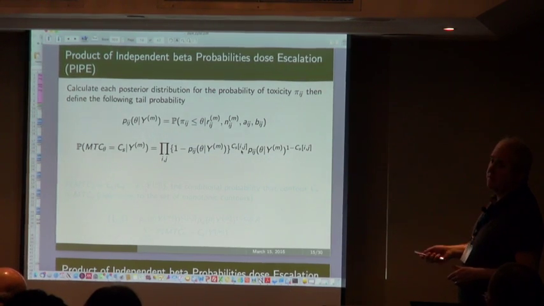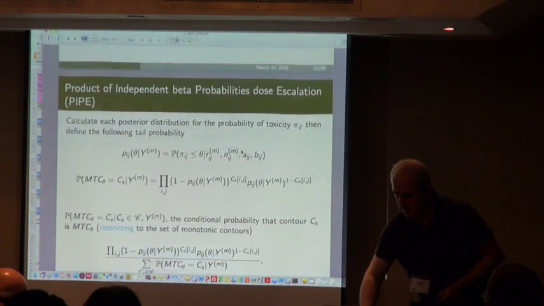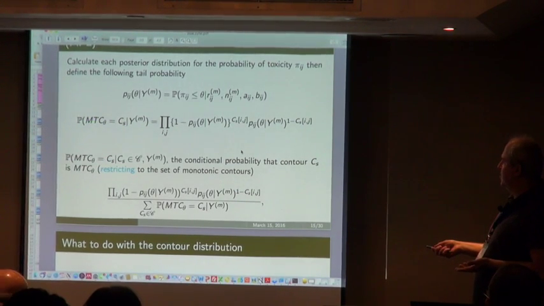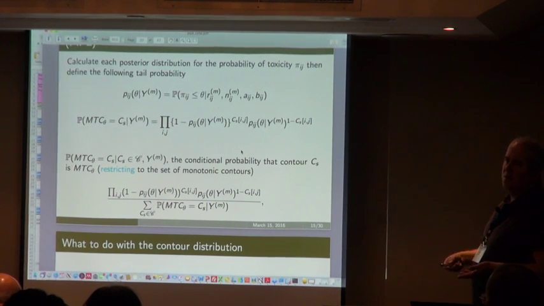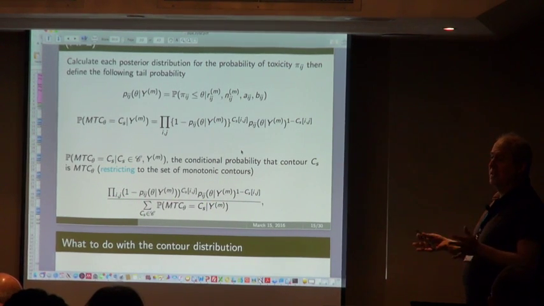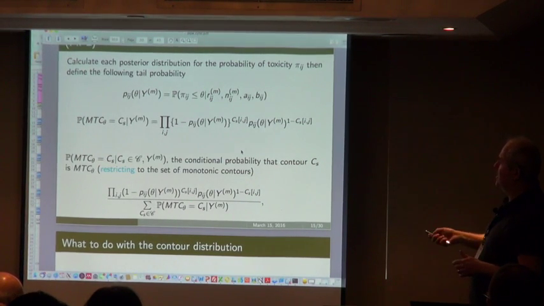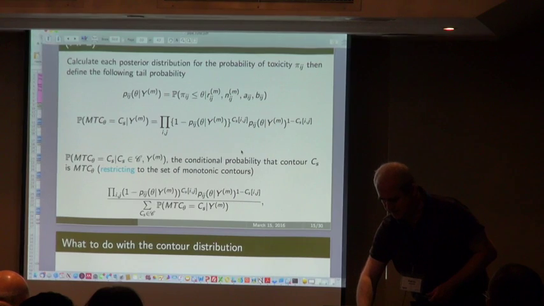So this is our distribution function, but obviously we want to restrict the contours to the monotonic contour space. So we normalize by adding up all those probabilities in the restricted set of monotonic contours. This is the hardest slide, but once you've got this distribution, I'll say how we're going to use it.